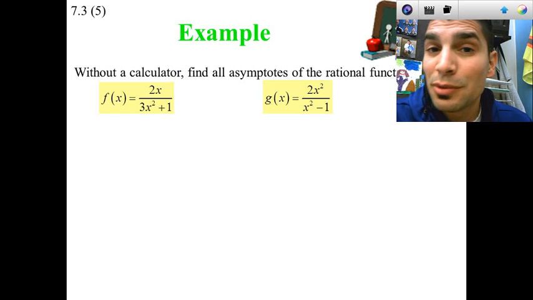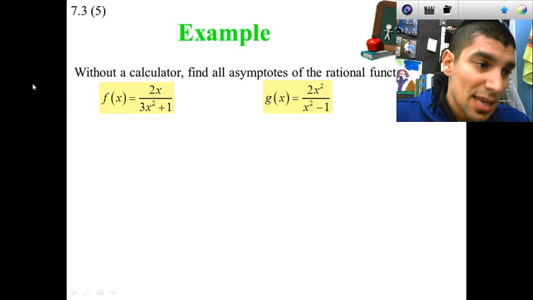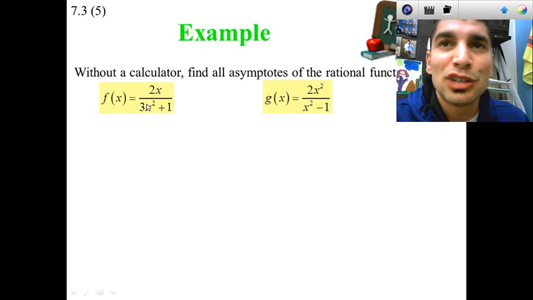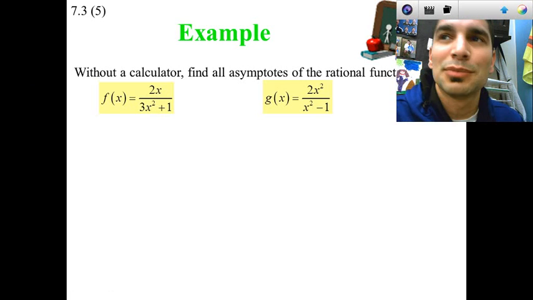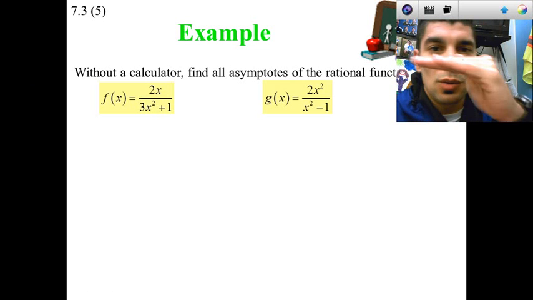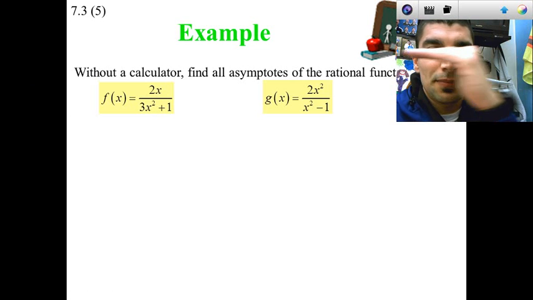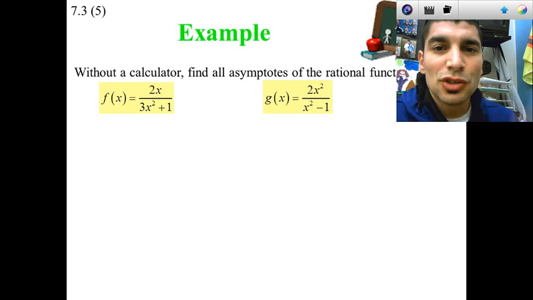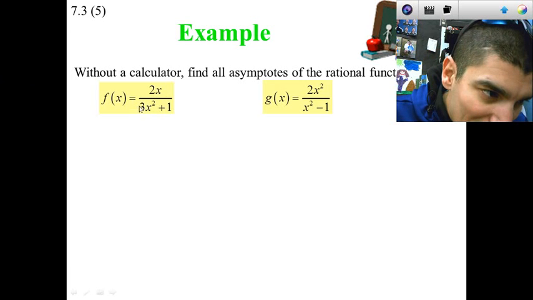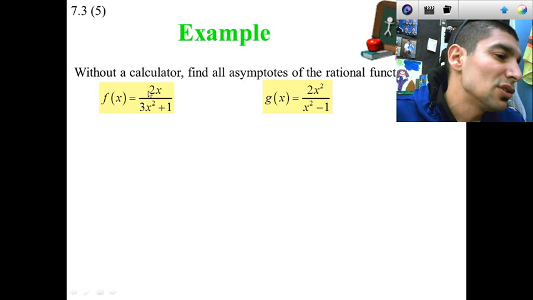First off, I'm referring to the horizontal asymptotes. The horizontal asymptotes are the ones that go left and right. Those are y equals graphs. So it has everything to do with the highest degree of the numerator versus the highest degree of the denominator.